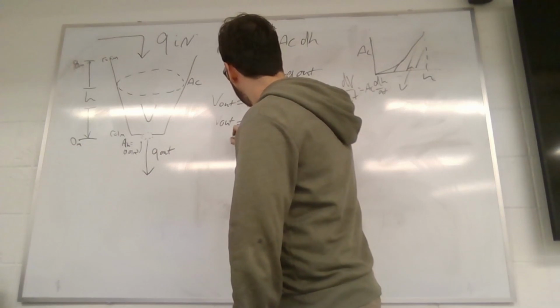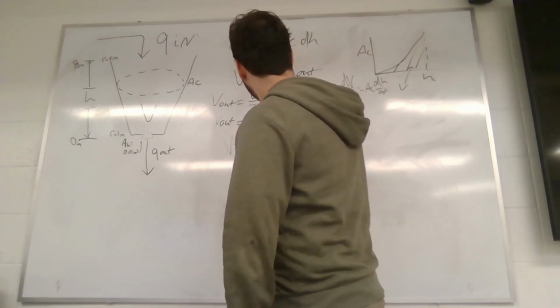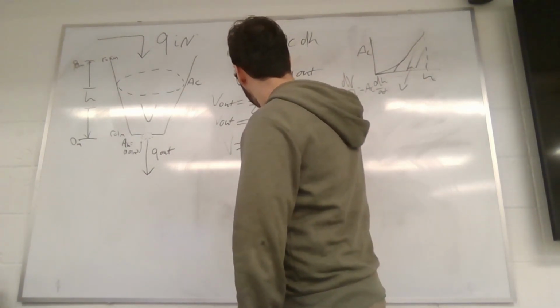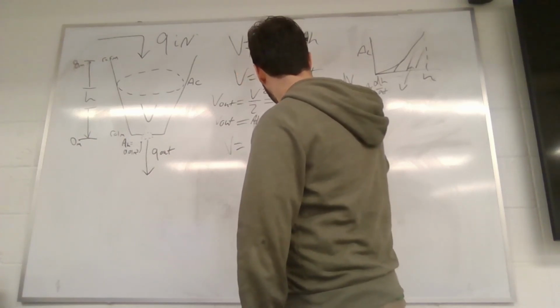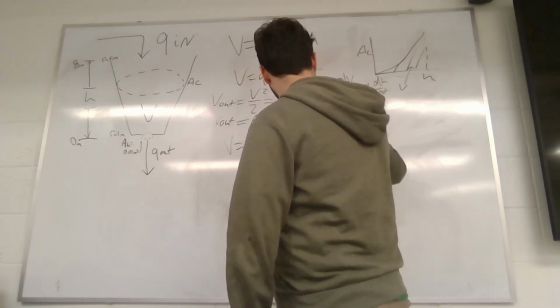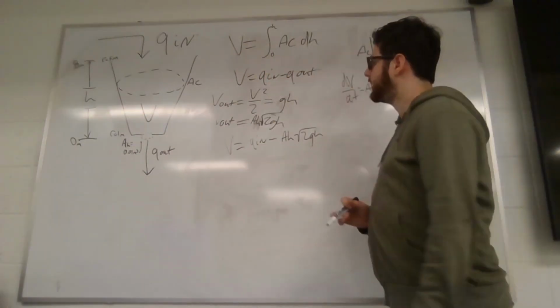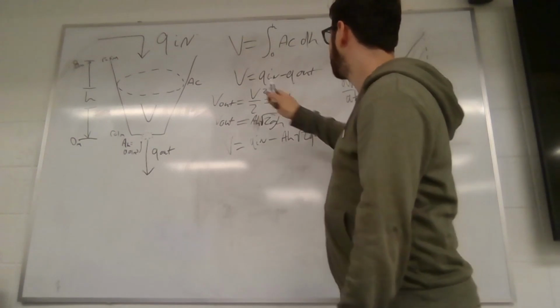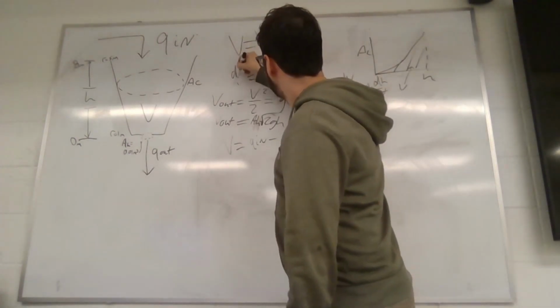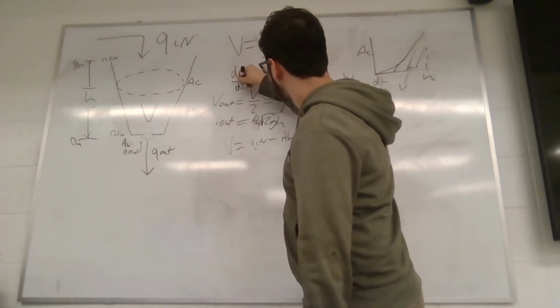We've got dV/dt equal to Q in minus A_h times the square root of 2gH. I'm sorry, I said volume is equal to Q in minus Q out. It's actually the change in volume with respect to time.